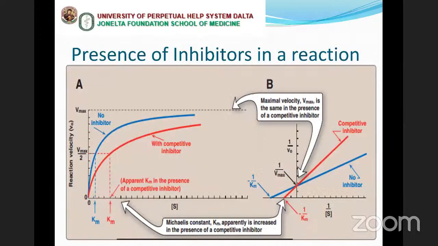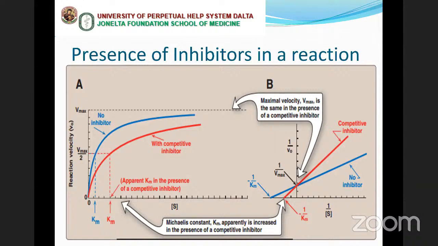Okay. Next concept would be the presence of inhibitors in a reaction. Here you have your Vmax and your Km and its relation. Okay, so with competitive inhibition, Km is increased if there is a presence of a competitive inhibitor.